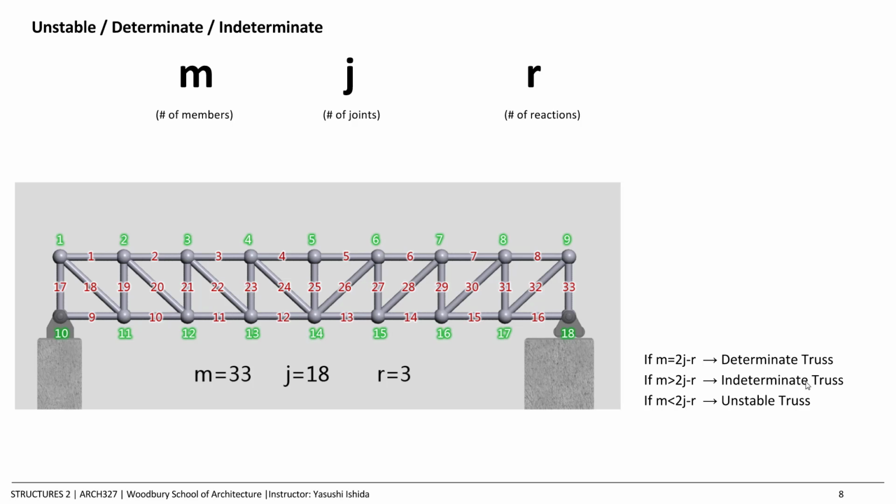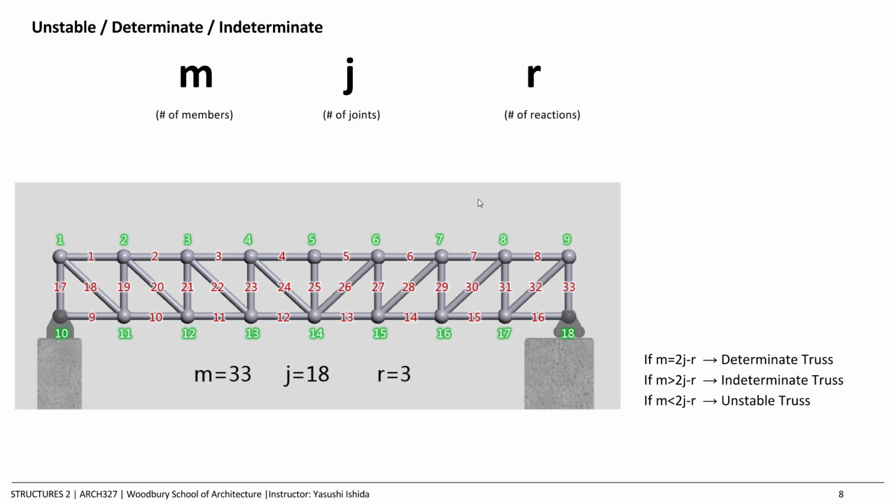When it's indeterminate, there are multiple solutions for that problem, and you cannot solve it using only statics, which we won't get into because we are only dealing with determinate trusses.